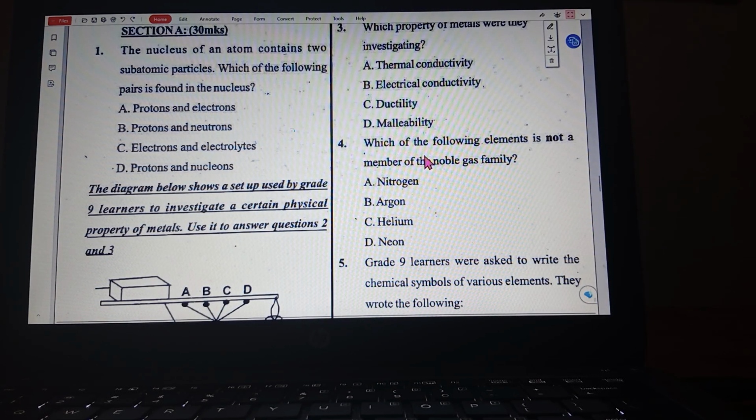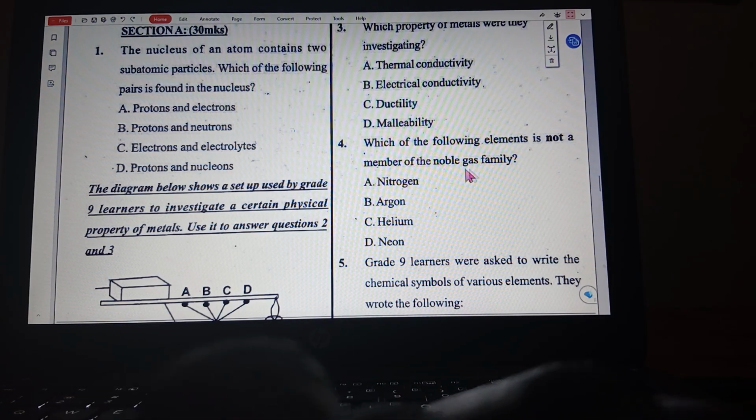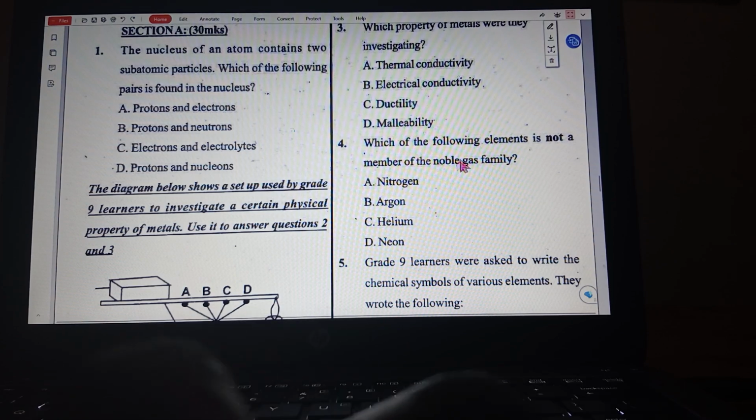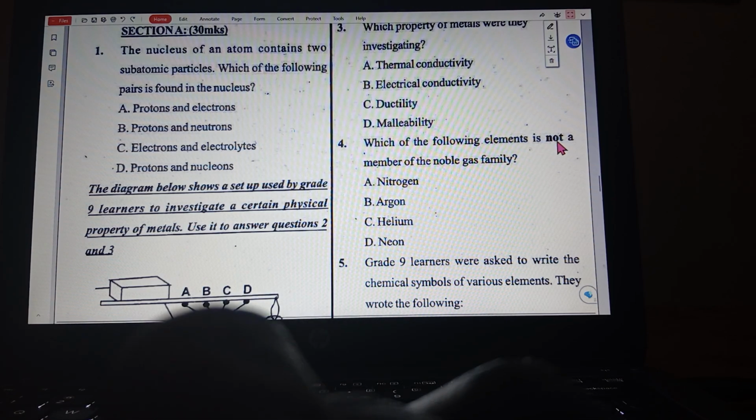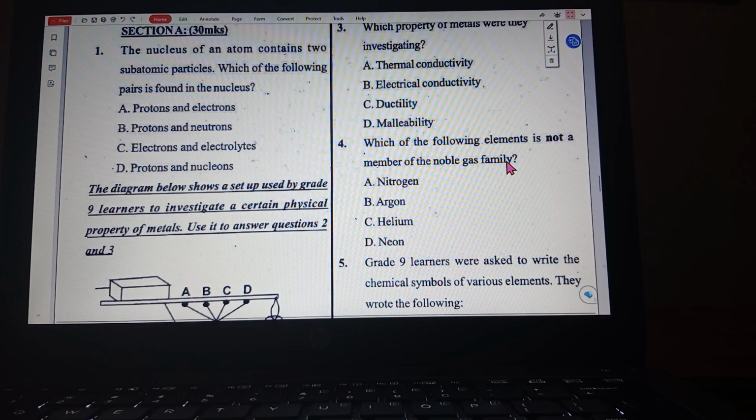Let's move to question 4. Which of the following elements is not a member of the noble gas family?